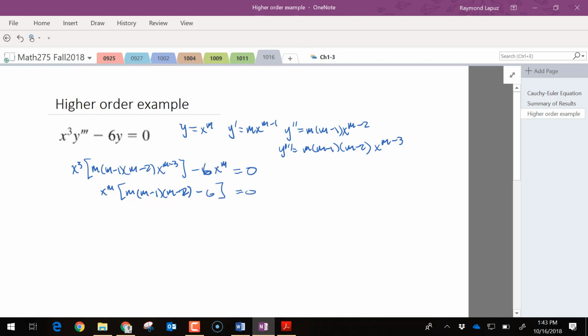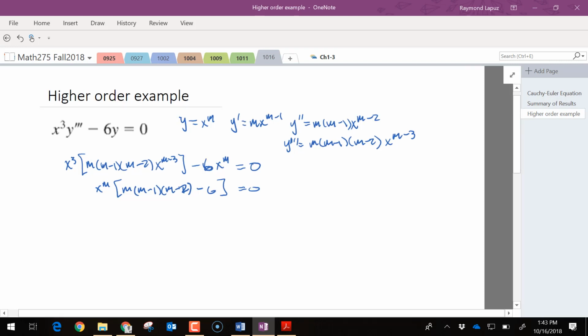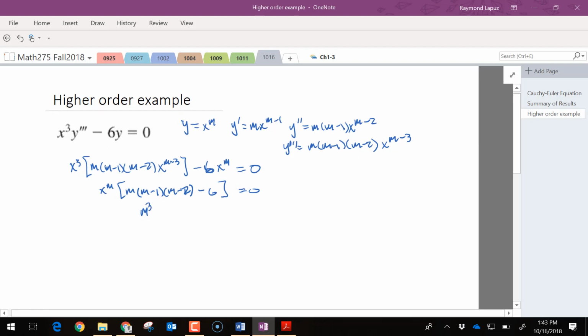And then we hope that we would be able to factor this. Let's see if we can factor it. Let's multiply this out. This is FOIL it out. You get m squared times an extra m. The middle term is going to be negative 3m, and then multiply it by an extra m, and then positive 2m minus 6 is equal to 0.